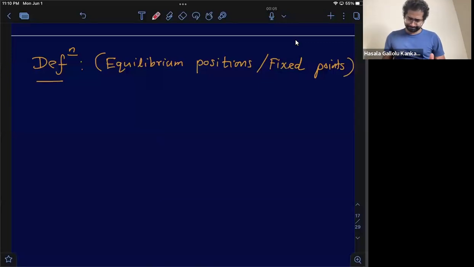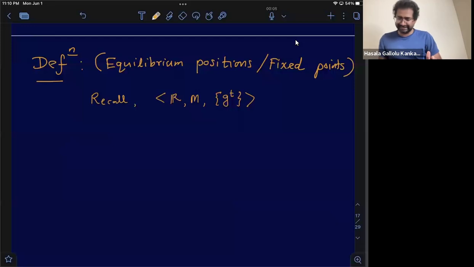All right, equilibrium positions. Now, given that we are already familiar with that setup, right? Recall or assume this setup. Assume the system, or simply this is the phase flow, right?